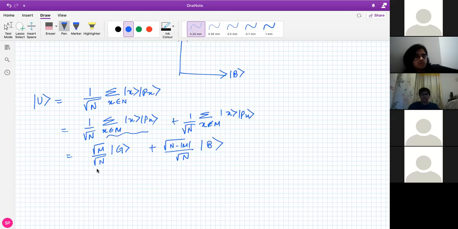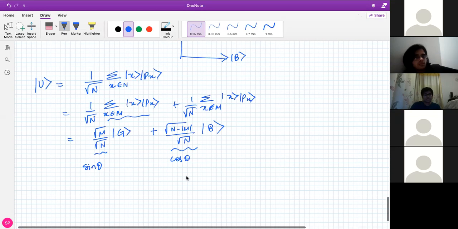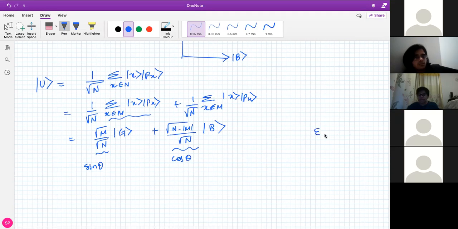Yeah, and you see the square of this and the square of this actually becomes 1. So I can take this as some sine theta and this as some cos theta. But if you remember my epsilon, that was the number of marked elements, M by N, right? Actually, it was this. Oh, I forgot to put this.